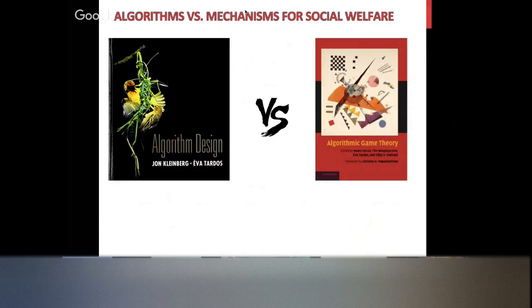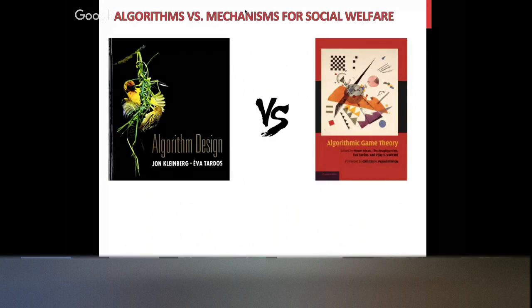So this is the type of talk where I'm talking about algorithms on one side and mechanisms on the other side. We always have this question that we are designing algorithms for non-strategic people, or basically no people at all, which is the algorithm design question. And then we have the algorithm design question for strategic human entities, which is the mechanism design question.